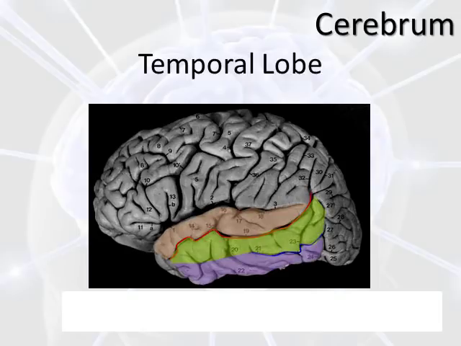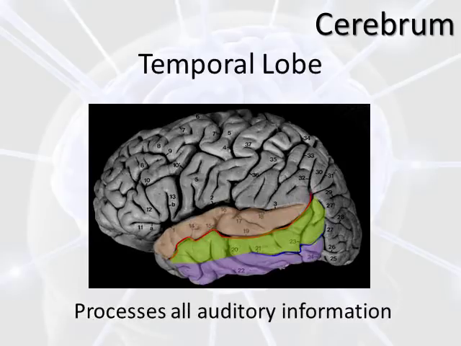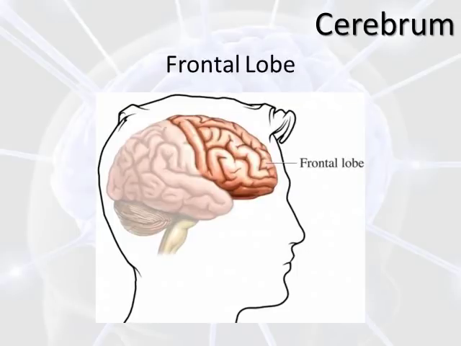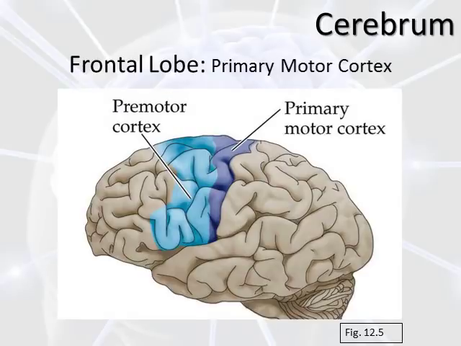But next is the temporal lobe, and you can see it's down underneath where your temporal bones are. The main role of the temporal lobe is to process all auditory information. So all information from your ears comes in through the temporal lobe and is processed here. And then next we have the frontal lobe, which is the very anterior portion of the cerebrum, underneath where your frontal bone is.